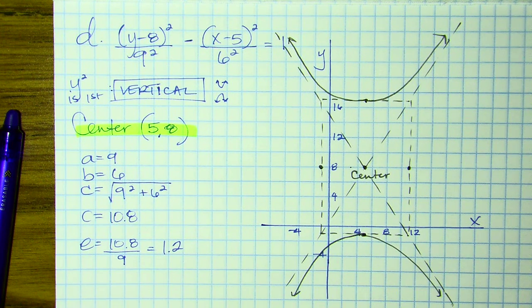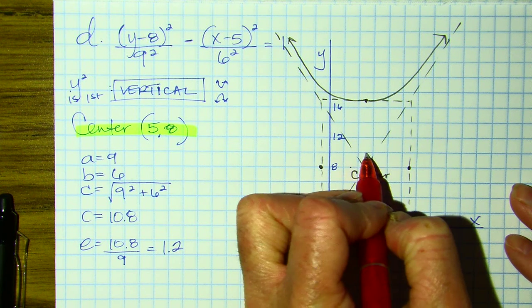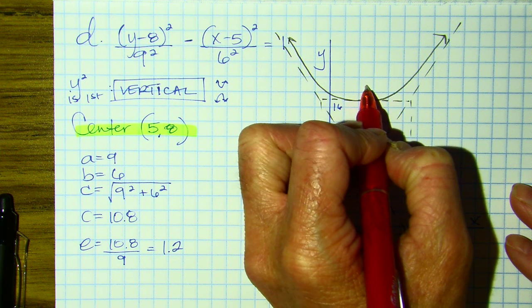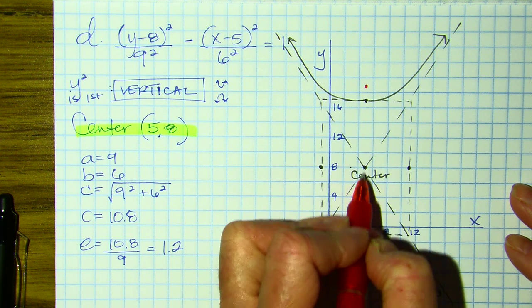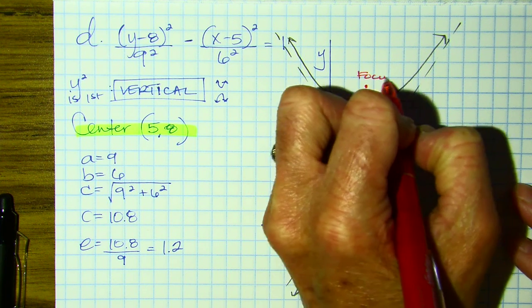My foci is C, so I'm going 10.8 from the center, so 2, 4, 6, 8, 10, almost 11. So there's one focus, there's the other.